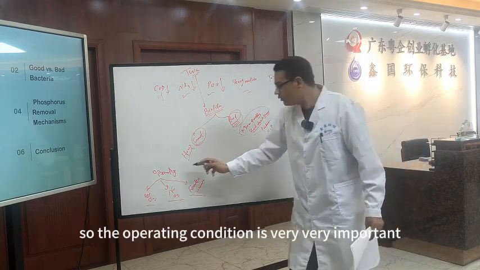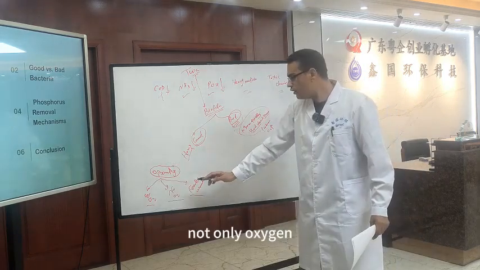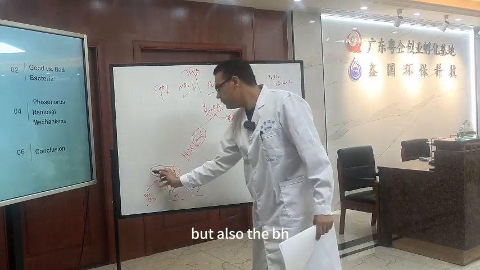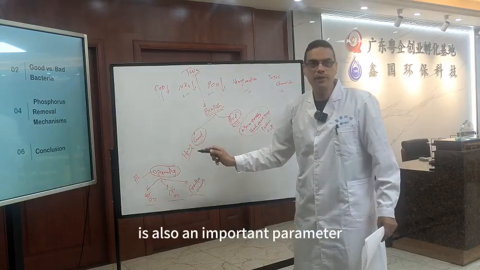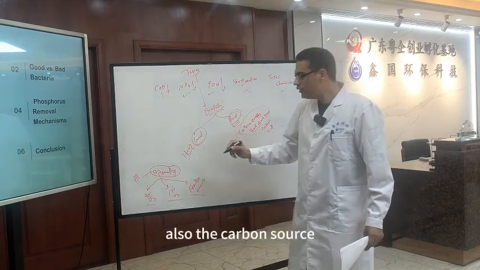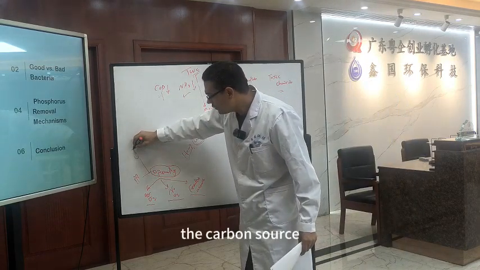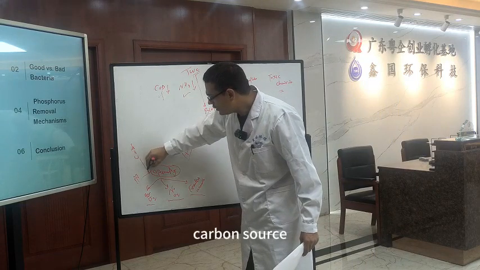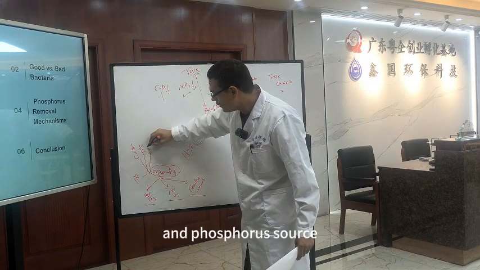So the operating condition is very, very important for microorganisms. Not only oxygen, but also the pH is an important parameter for the operating condition of good organisms. Also the carbon source, nitrogen source, and phosphorus source.